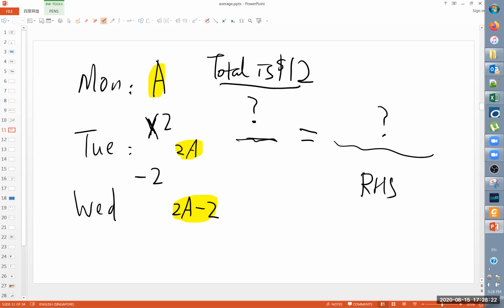2 times a, and then, yeah, why not? Continue. 2a is equal to 2 times a, right? Minus 2. You need to write down minus 2, or you don't need to write down minus 2. So a is 2.8. Good.